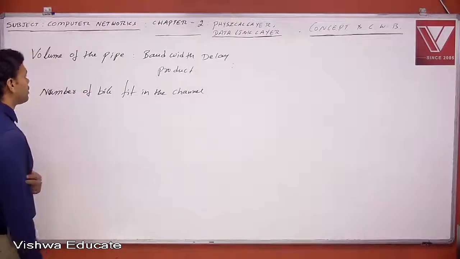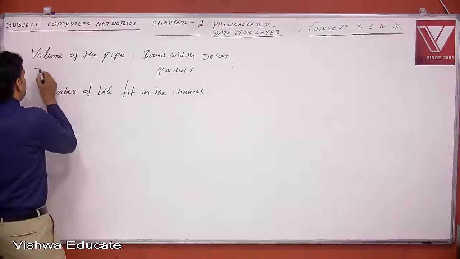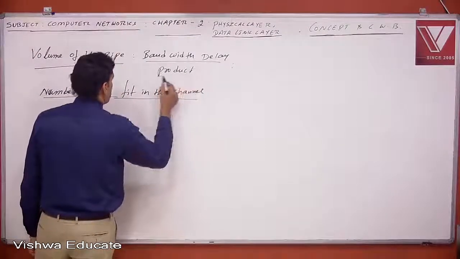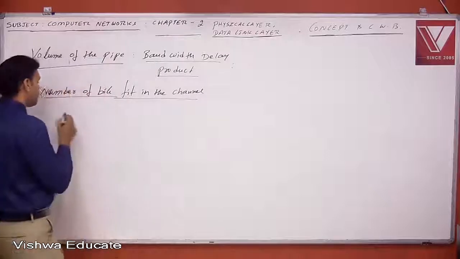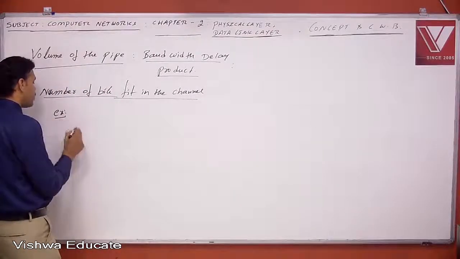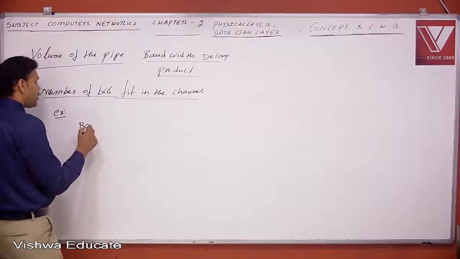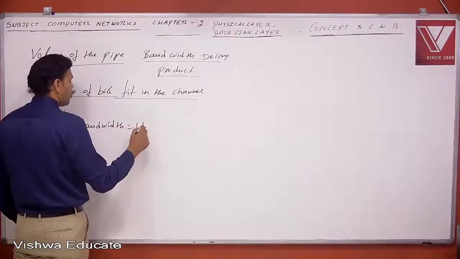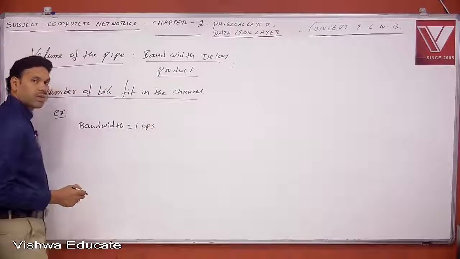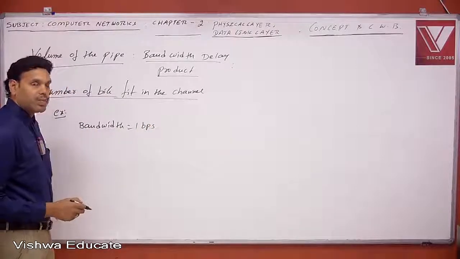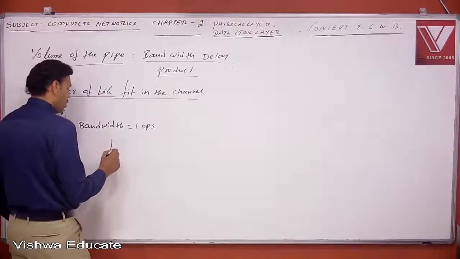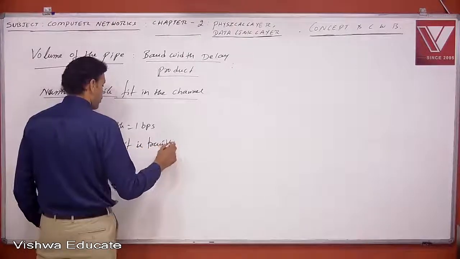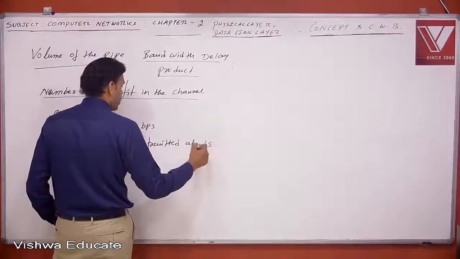Okay, what is the meaning of this? If I take bandwidth equal to 1 bit per second, what is the meaning of 1 bit per second? 1 bit is transmitted in 1 second.